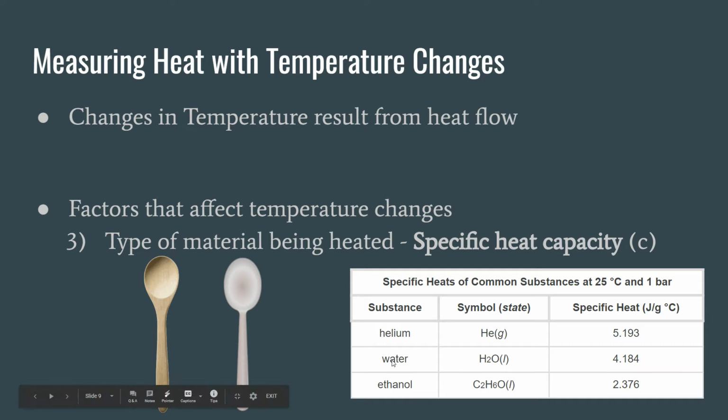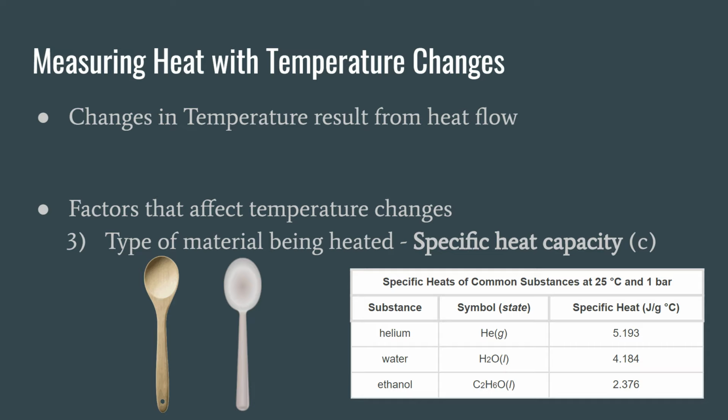For example, water takes 4.18 joules for every gram. But something like ethanol will take less energy to change its temperature. It takes about half as much, 2.3. So if I heat ethanol and water on a stove, the water is going to take longer to boil. The ethanol will reach a higher temperature faster.